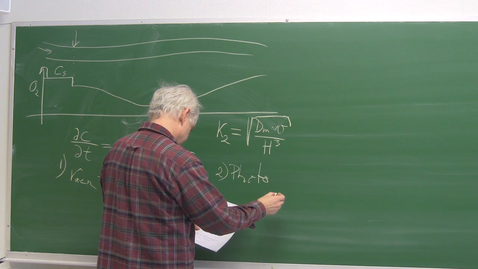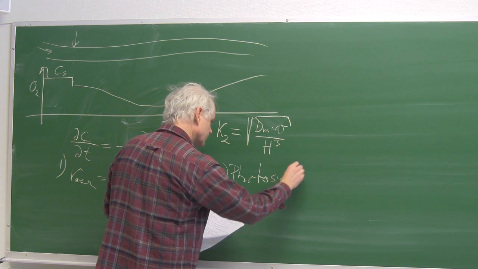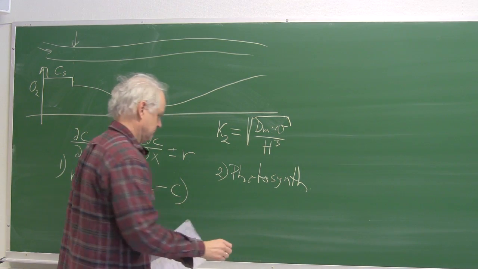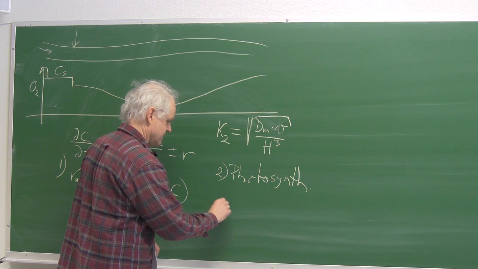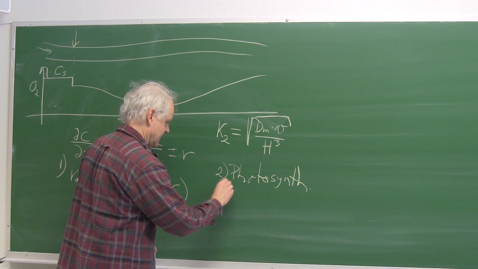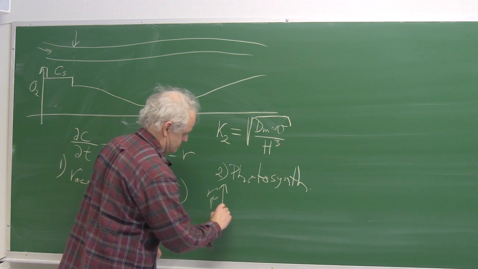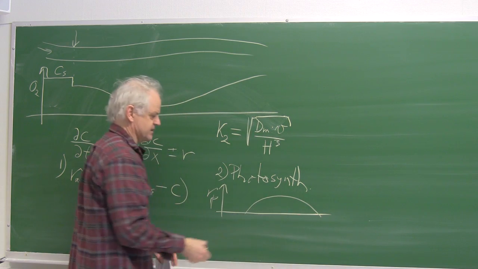And there, we have some variation over the day. If you have rate P, we can say it's only going on when the sun is up.